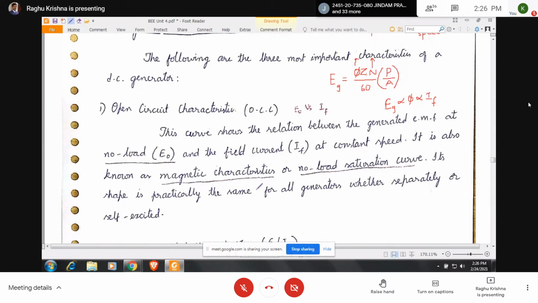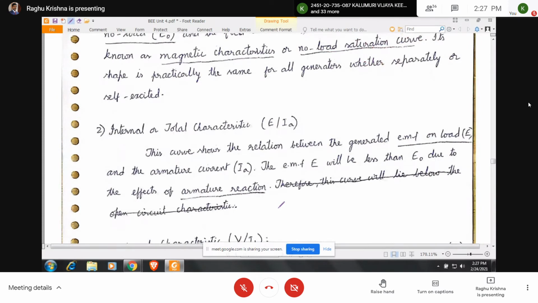It is also known as magnetic characteristics or no load saturation curve. So it has three names: open circuit characteristics, magnetic characteristics, and no load saturation curve. Its shape is practically the same for all generators, whether separately or self-excited.